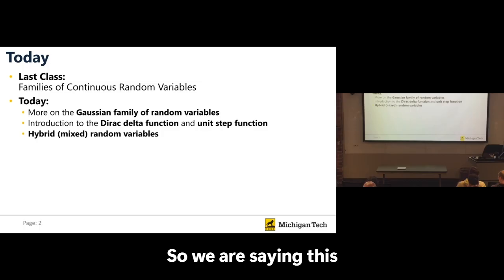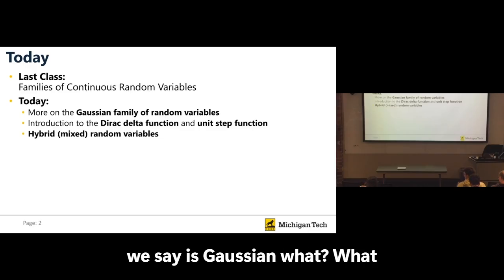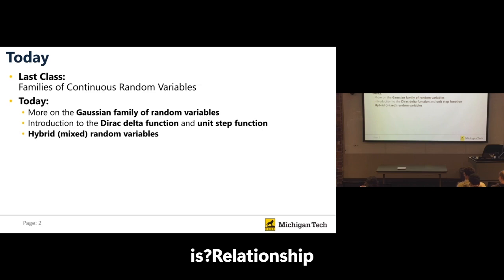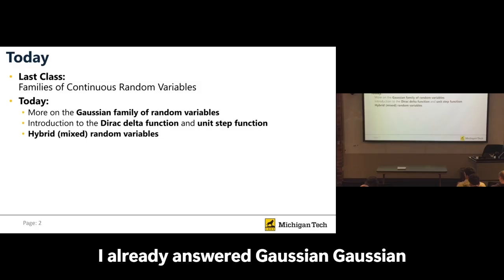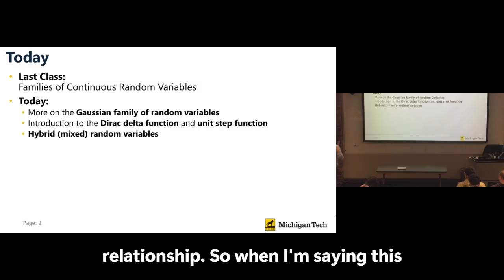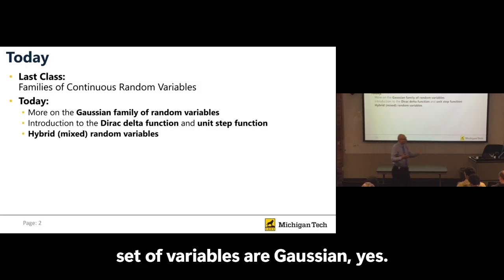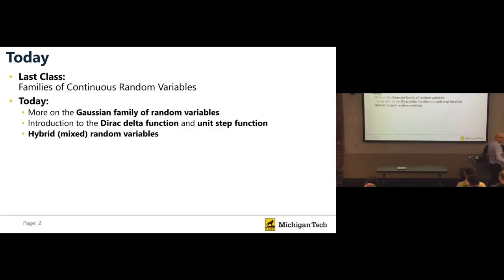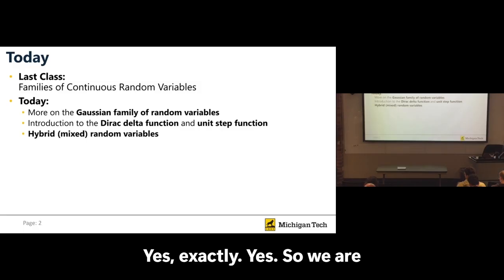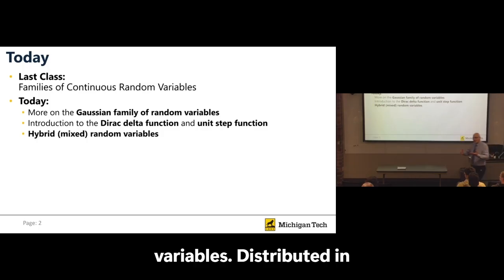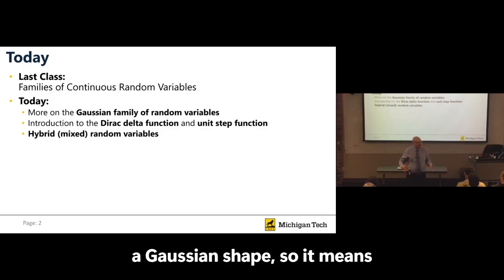So we are saying these x's are Gaussian. What are we explaining when we say that? What is the relationship between these x's? Yes, exactly. We are saying the relationship between these variables is distributed in a Gaussian shape.